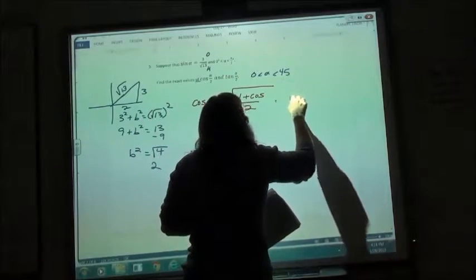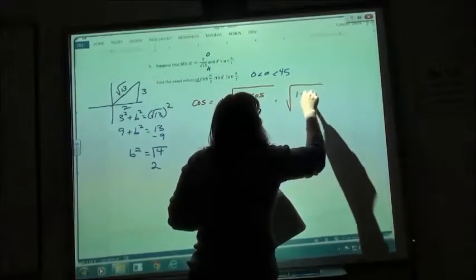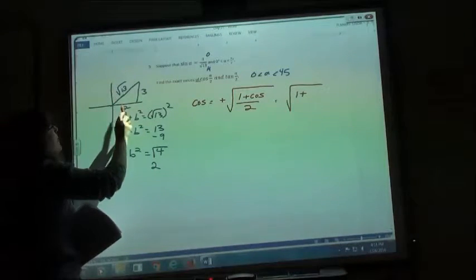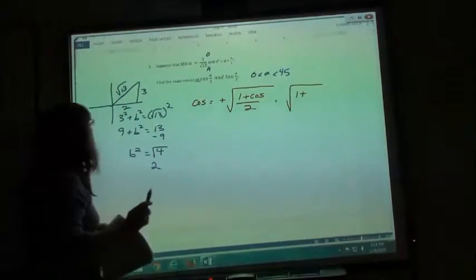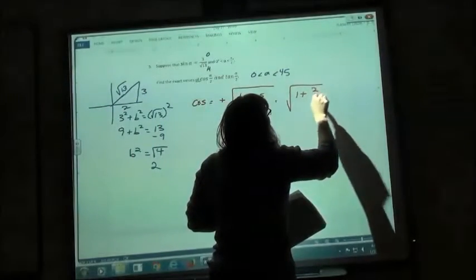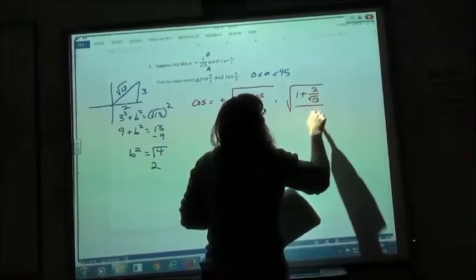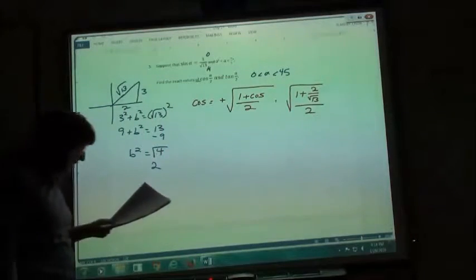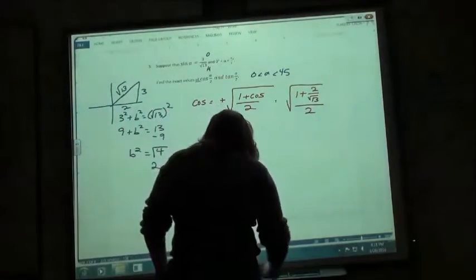And so I'm going to have square root of 1 plus my cosine, which is my adjacent over my hypotenuse, so 2 over the square root of 13, over 2. I've got to get rid of that fraction, so I'm going to multiply by the square root of 13.